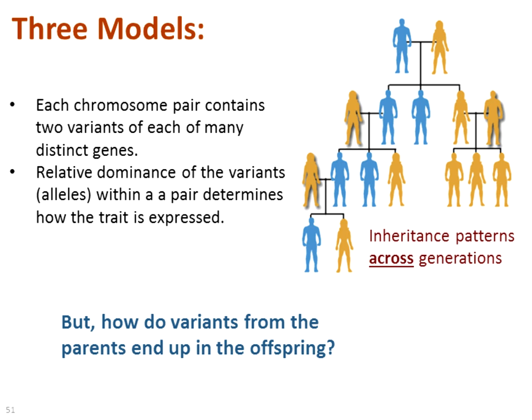There are really multiple versions of each gene, but because you have pairs of chromosomes, you really only have 2 slots per gene. And depending on which variants you get in those 2 slots and the interactions between them, that interaction, really, the relative dominance determines the phenotype that you're going to get.